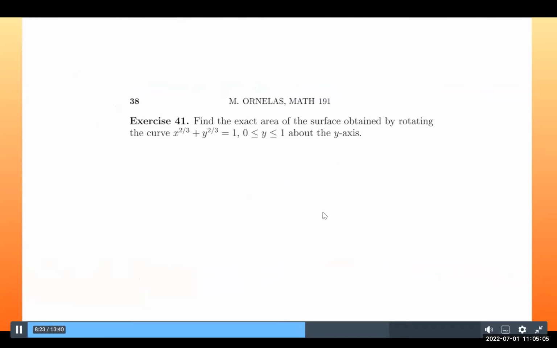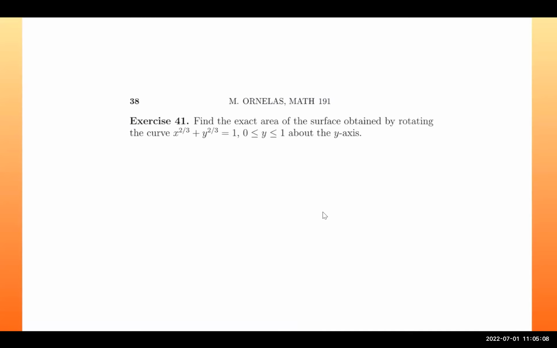All right, let's take a look at the final example. So it looks like this time we're going to rotate about the y-axis, so we're going to integrate with respect to y this time. Let's solve for x first.